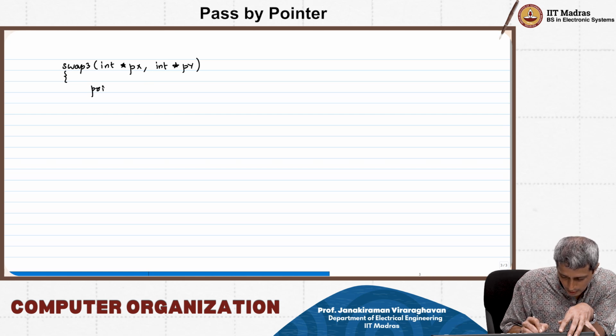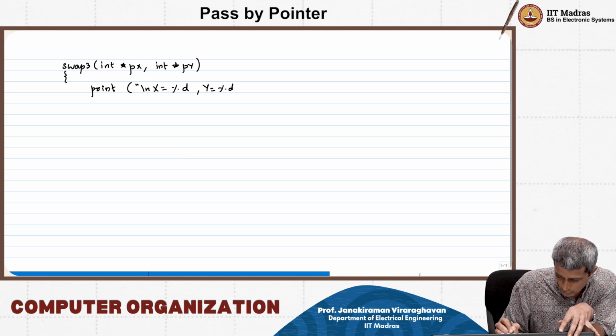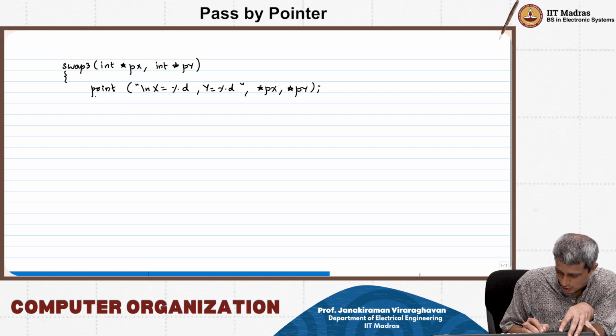I'm doing my printf: x equal to %d, y equal to %d, *px comma *py. And then I do _asm.